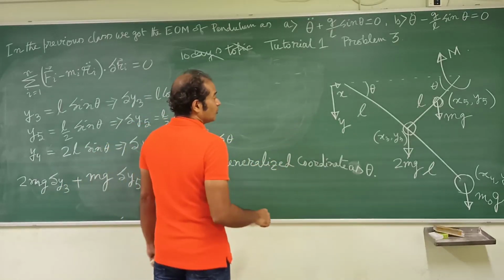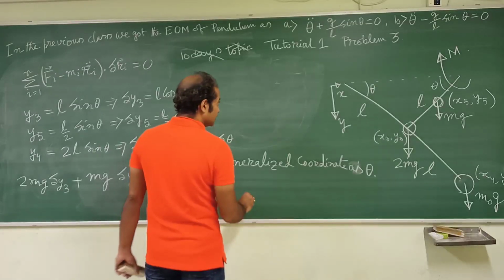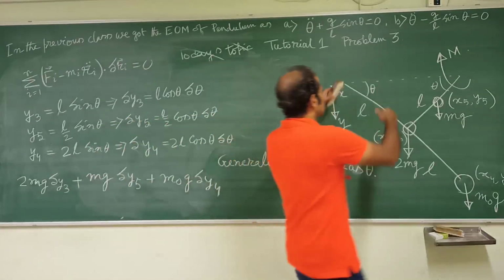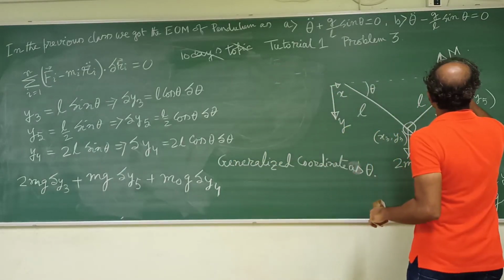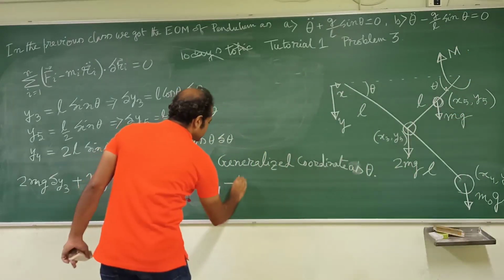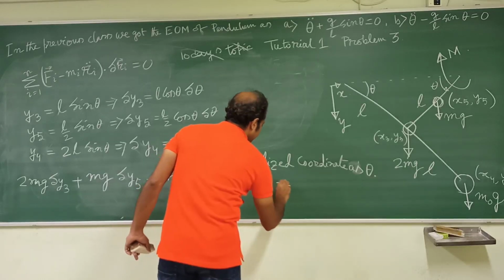And over here what is going to happen? M times delta theta. Look carefully that if theta is going to increase, let's say in this direction, it is going to be opposite, so minus M times delta theta is going to be 0.